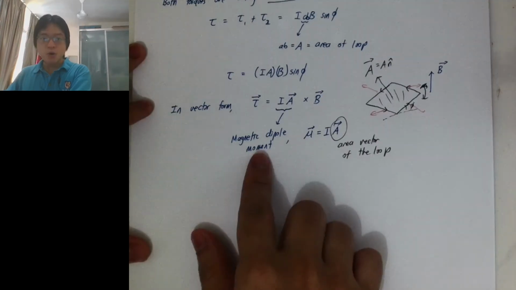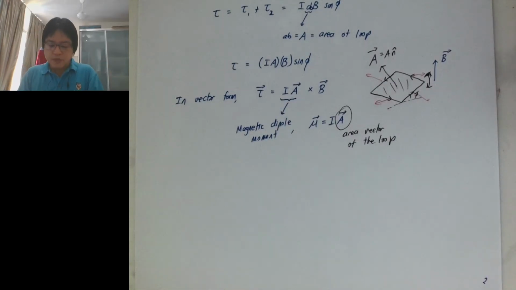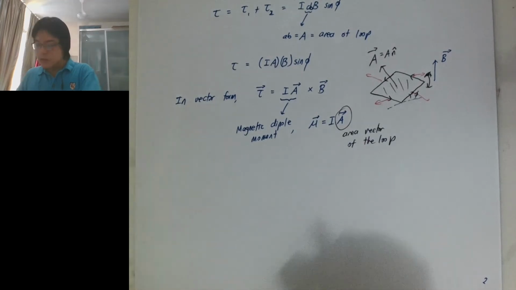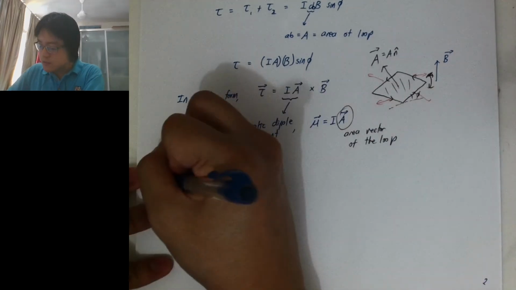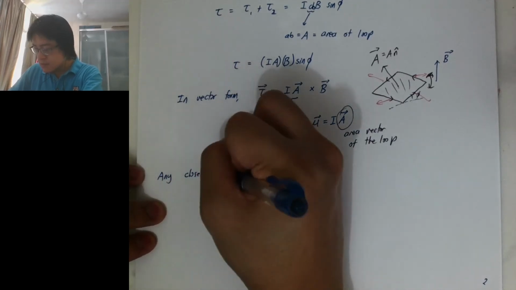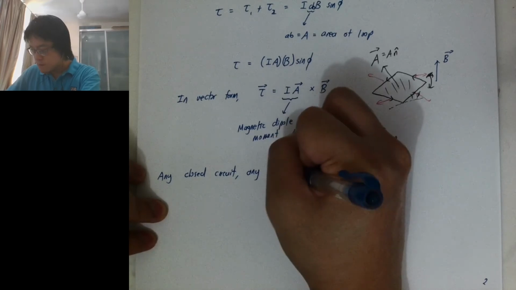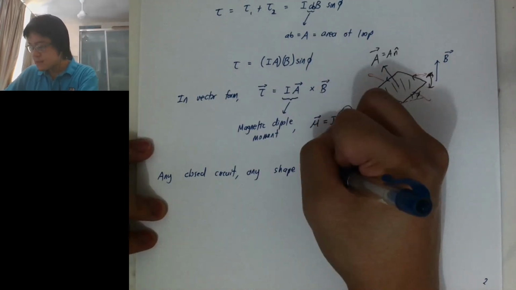And this dipole moment, we have calculated by assuming it's a square, but actually we do not need to assume a square. So any closed circuit, any shape, has a magnetic moment.